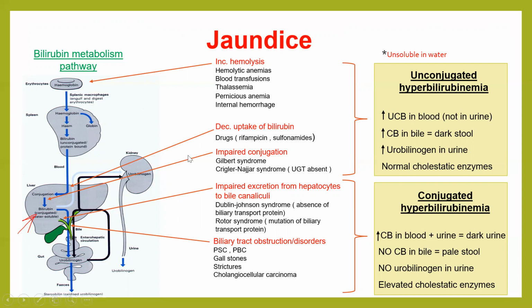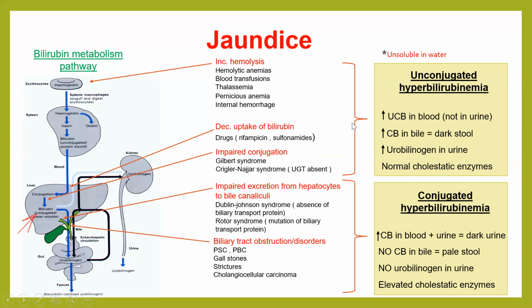So in Gilbert syndrome, we have reduced activity of this enzyme, and in Crigler-Najjar syndrome, we have the complete absence of the enzyme. All of the causes that I've mentioned up until now, you have to remember that they are before the conjugation or in the process of the conjugation, and therefore we see a rise in unconjugated bilirubin.